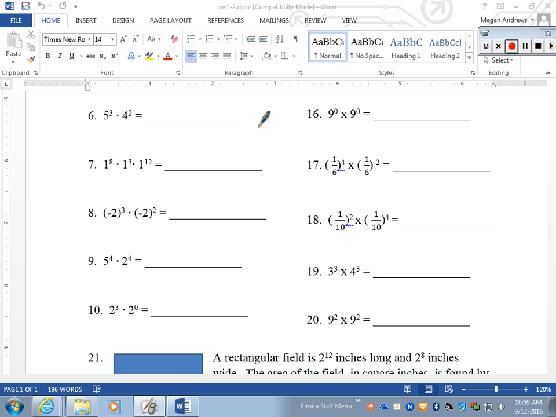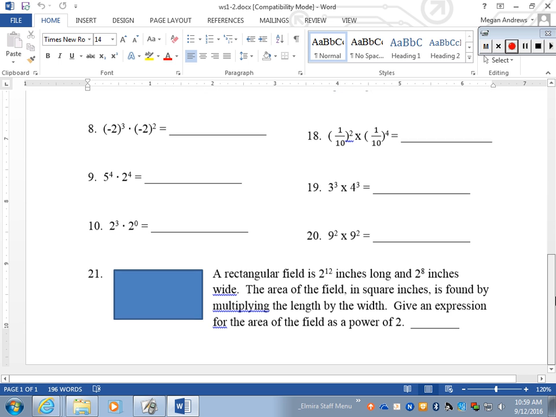Okay, number 21, I'll give you a little hint on. A rectangular field is 2 to the 12th power inches long and 2 to the 8th inches wide. The area of the field in square inches is found by multiplying the length times the width.